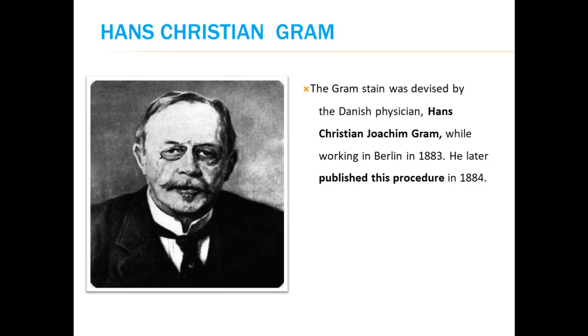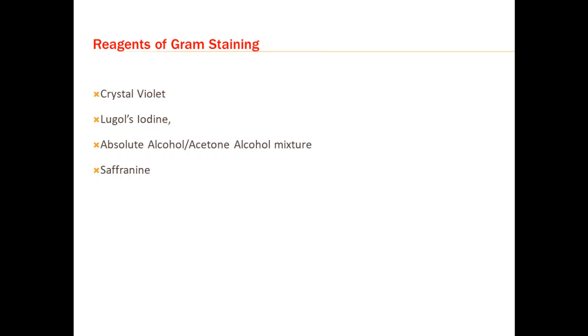So what are the reagents we use in the Gram staining technique? We have four reagents. The first one is crystal violet, also called the primary stain. The second is Lugol's iodine or Gram's iodine, called the mordant. The third is absolute alcohol, or an acetone alcohol mixture, called the decolorizer.